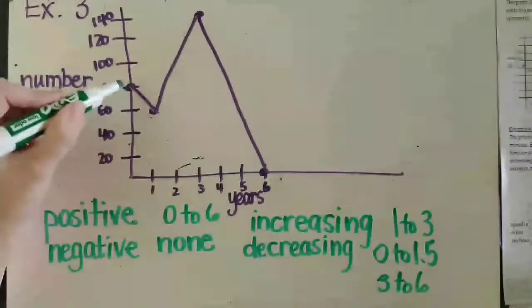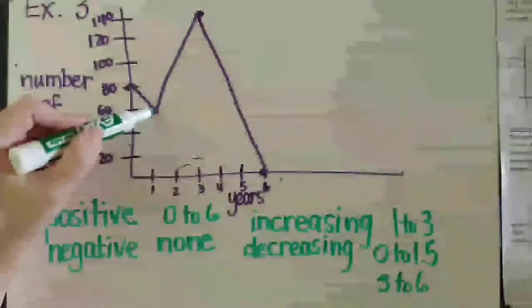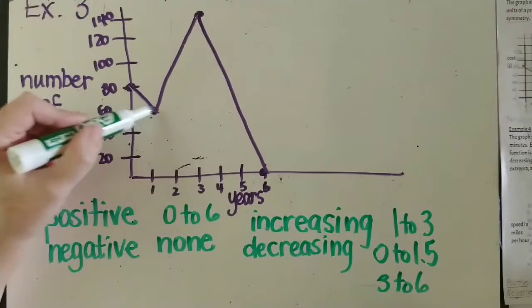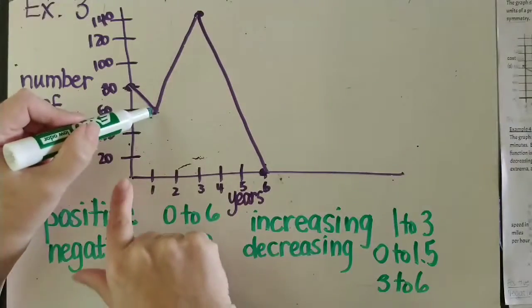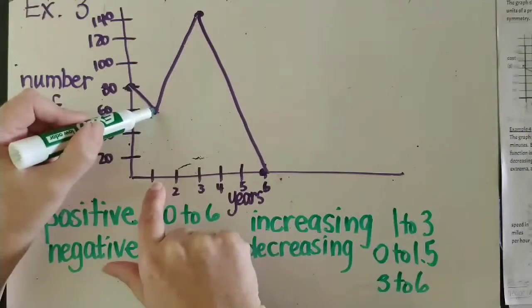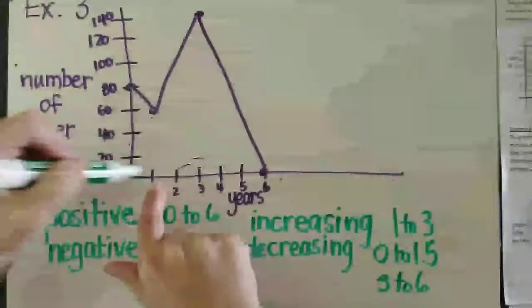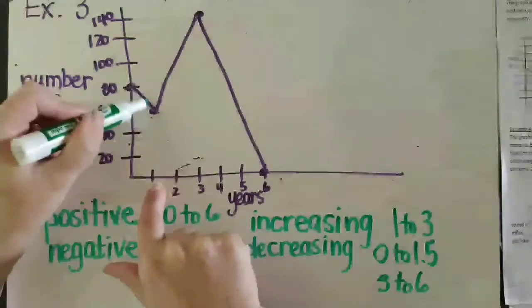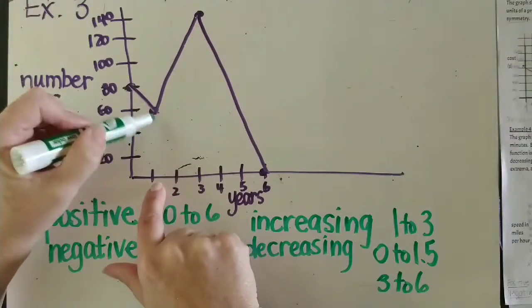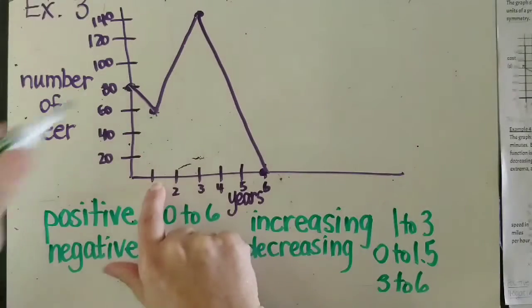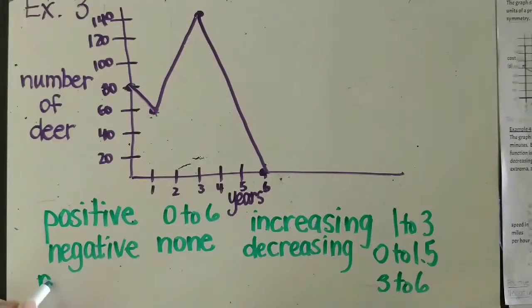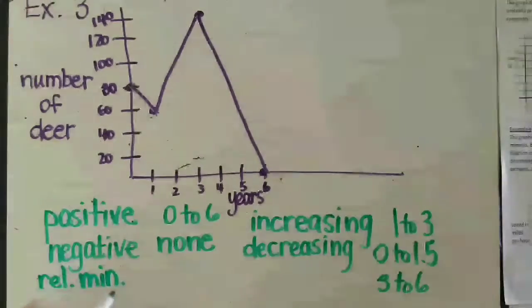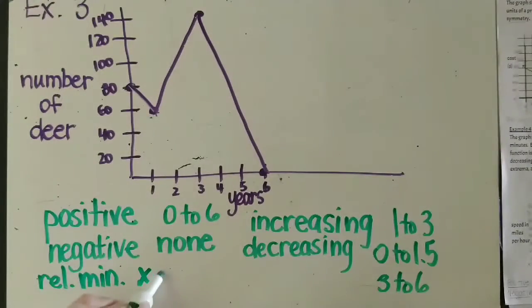So if we're going across our function, it looks like it changes suddenly right here whenever it hits 1 on our x-axis. Since it's going down and then up, this is a low, and we call this the relative minimum, and it's when x equals 1.